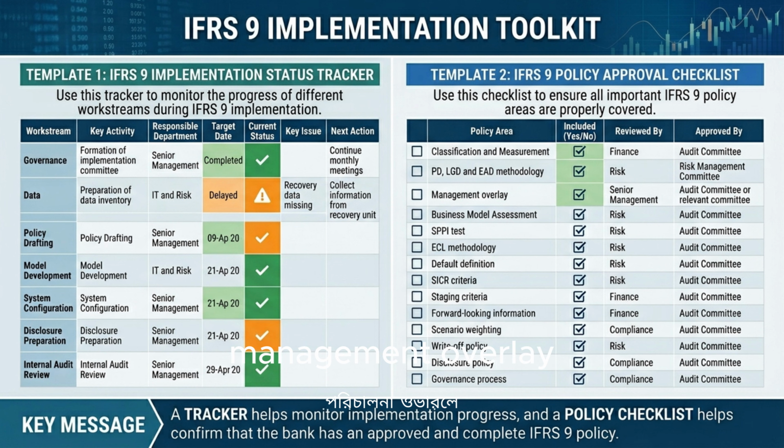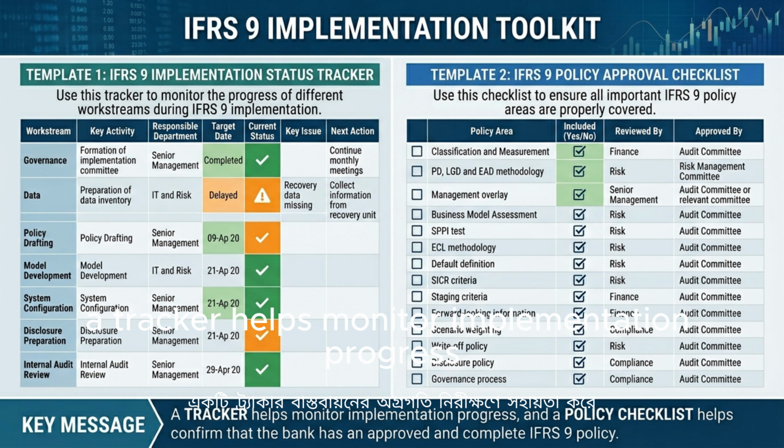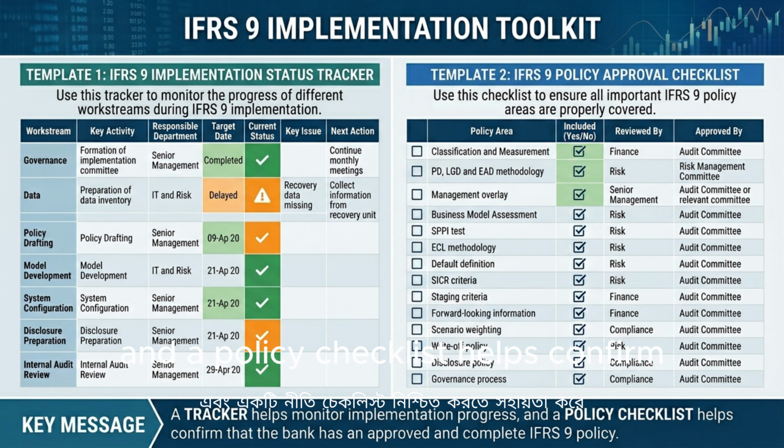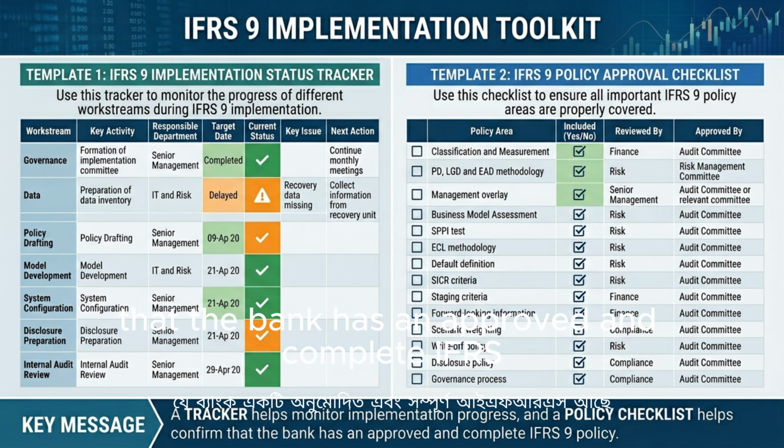Management overlay may be reviewed by senior management and approved by the Audit Committee or relevant committee. The key message is, a tracker helps monitor implementation progress, and a policy checklist helps confirm that the bank has an approved and complete IFRS 9 policy.